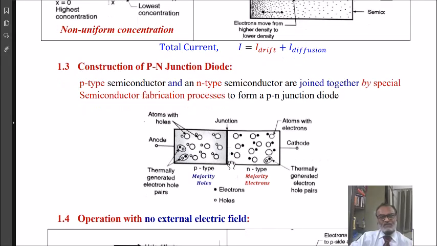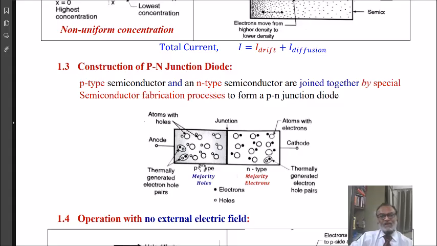They form a junction. So we will see in p-type material, there are free holes with their corresponding immobile negative ions. Whereas on n-type side, there are free electrons with their positive immobile ions.